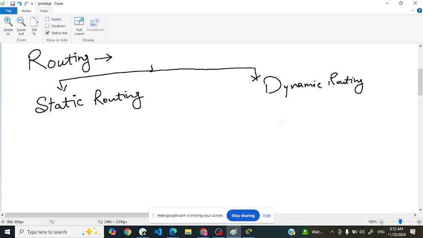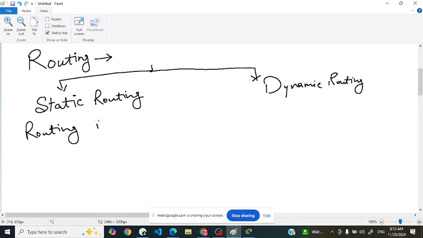Abdul? Yes, it's the same. When you are configuring two different networks, that is when you perform static routing. Routing is a process over the internet.